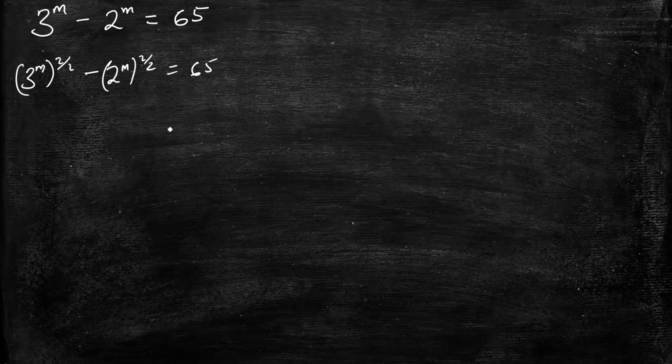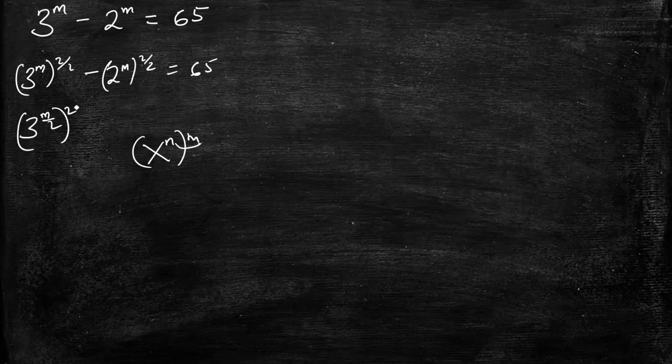In case we're given x exponent n and times that, this one will multiply. So this one can be written as 3 raised to m on 2, all to the power 2.